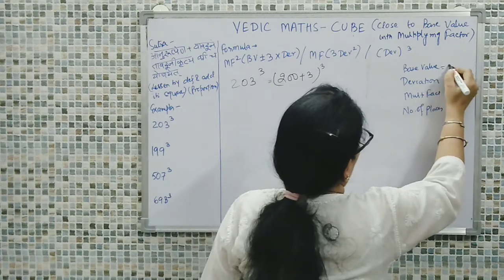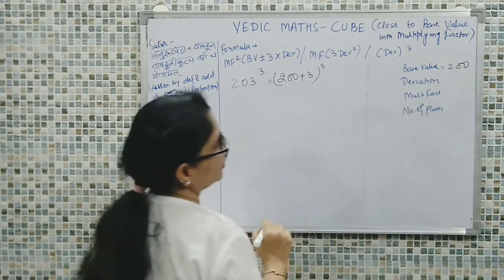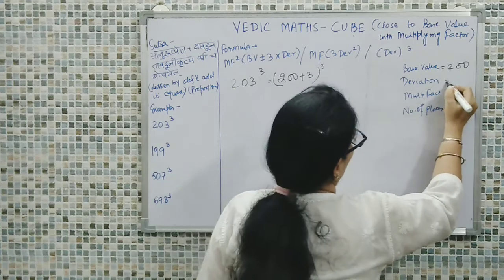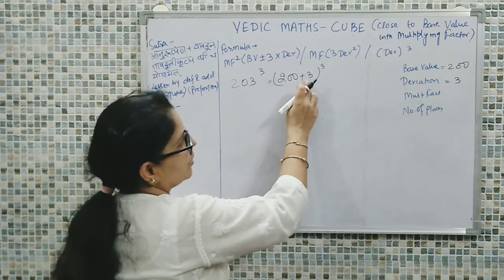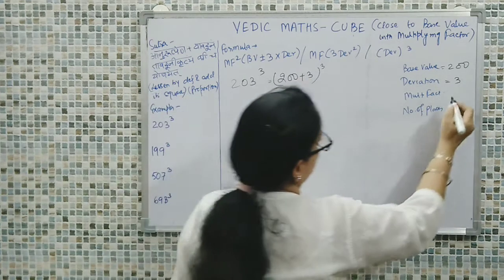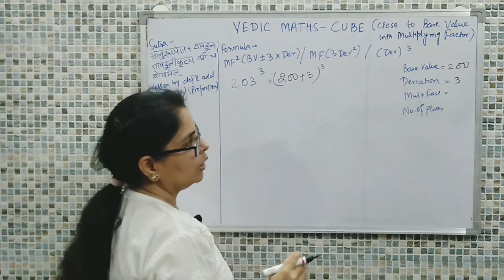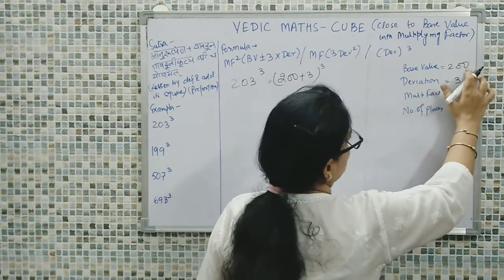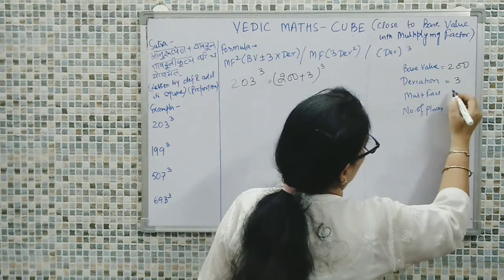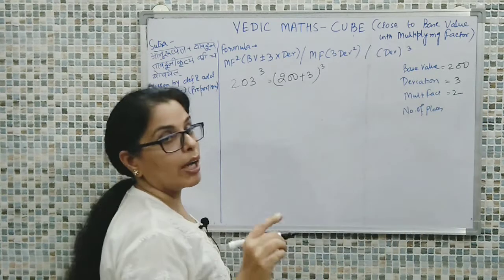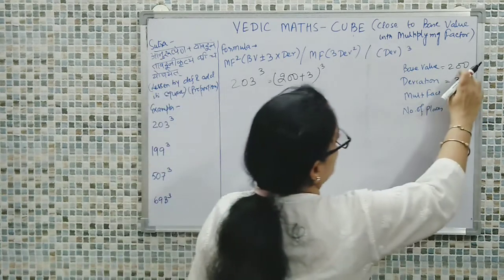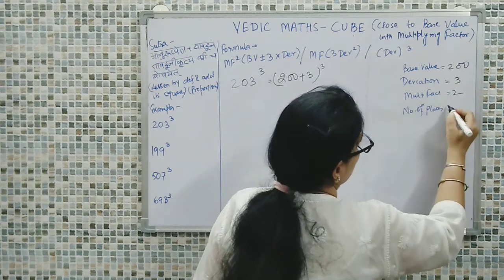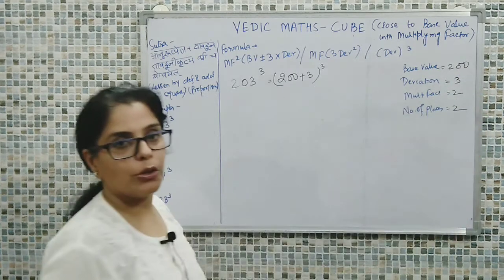The base value is 200. The deviation is 3, since this value is 3 more than the base value. Next, the multiplying factor: we divide this number by 100, so the multiplying factor is 2. And the number of places means how many zeros we have. We have 2 zeros, so the number of places is 2.